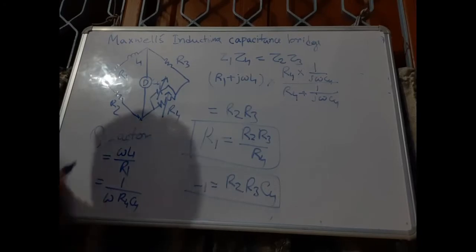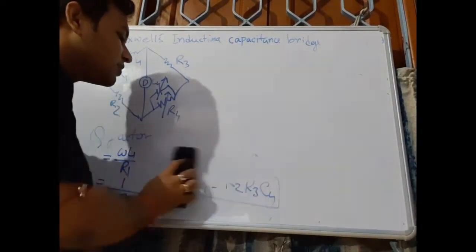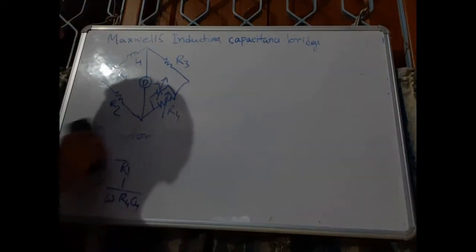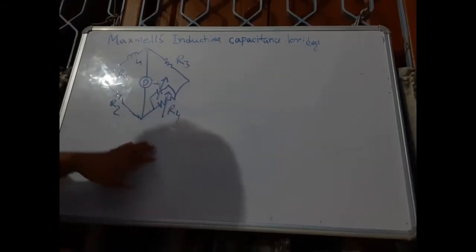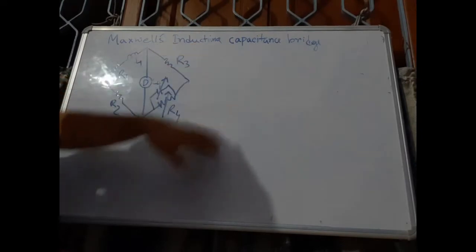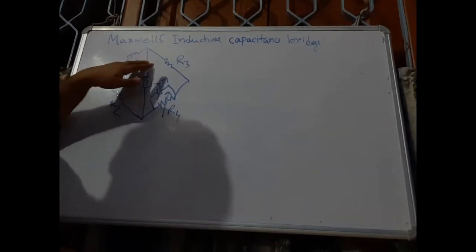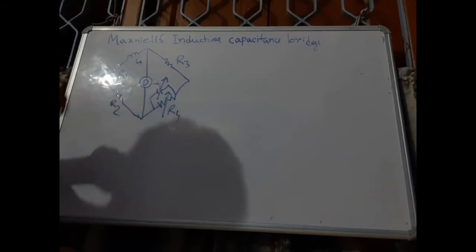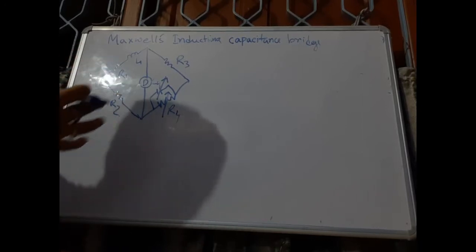Now let me discuss the various advantages and disadvantages of this Maxwell bridge. In the final formulas for resistance and inductance, we don't get any frequency term appearing in the equations.